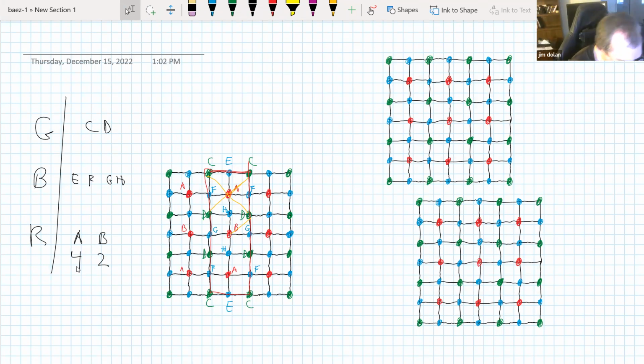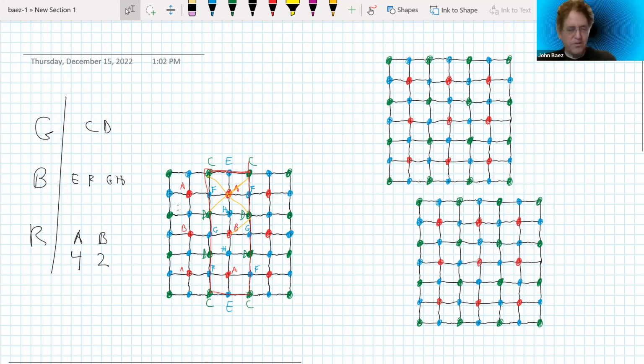Okay, and what about the G's, the greens? C and D. Which one is busier? Again, I'm pretty sure it's going to be 4 versus 2, but I'm not sure which one is the 4 and which one is the 2. Sorry, what are you trying to do? C and D now? C and D, yes, the green ones.